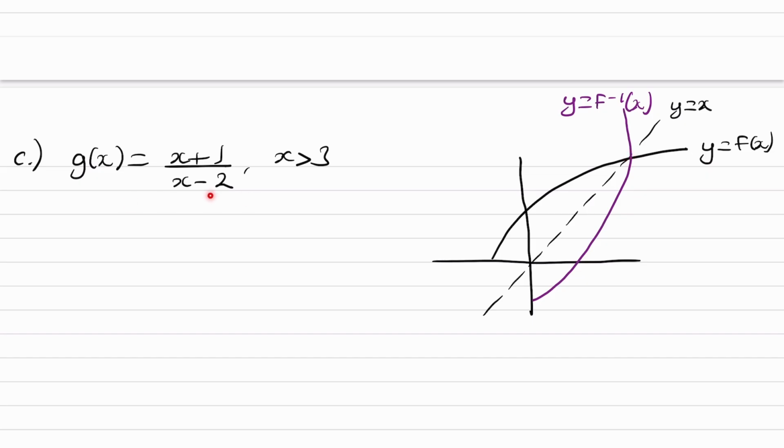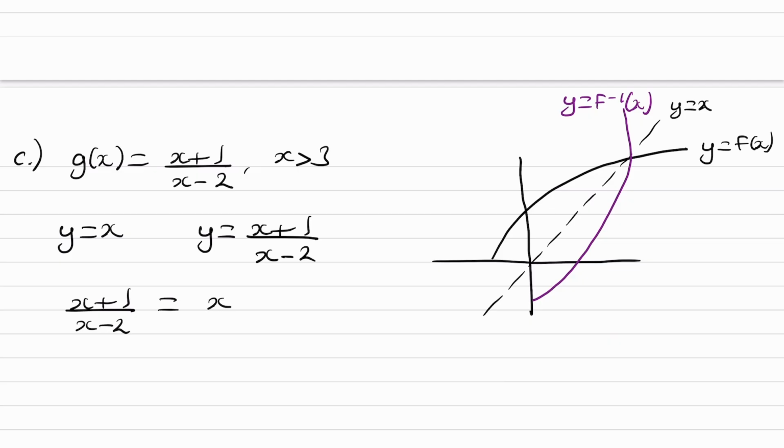So we can do the same thing here. With our g of x function, we can solve that simultaneously with y is equal to x. So y is equal to x plus 1 over x minus 2. We solve these two things simultaneously. So x plus 1 over x minus 2 is equal to x. Then we can just solve this equation.